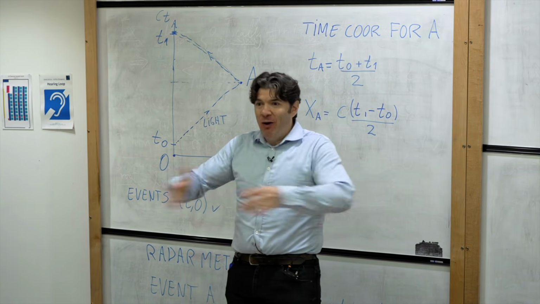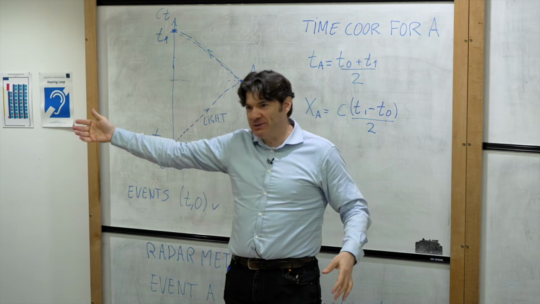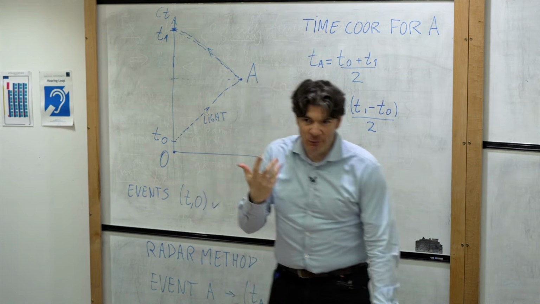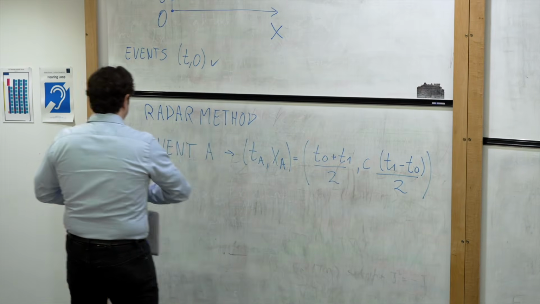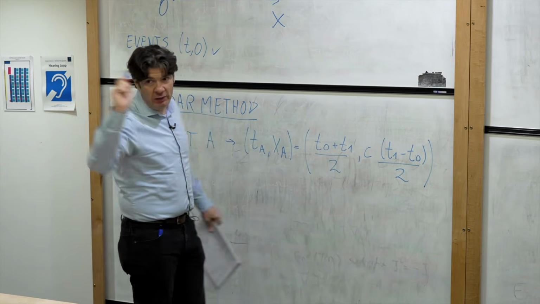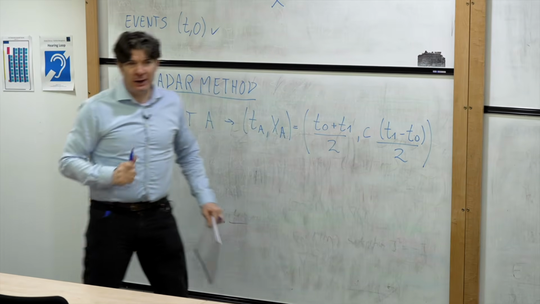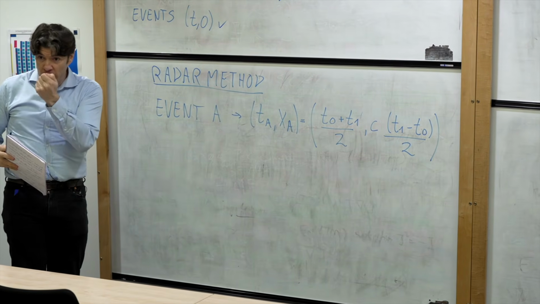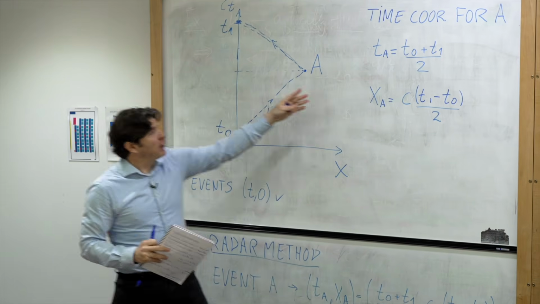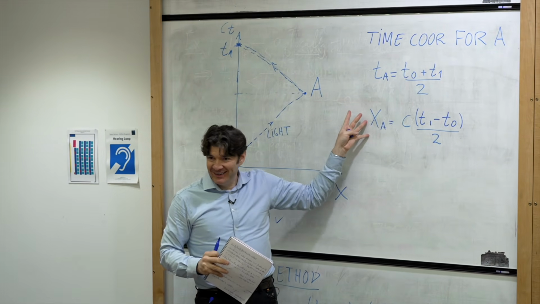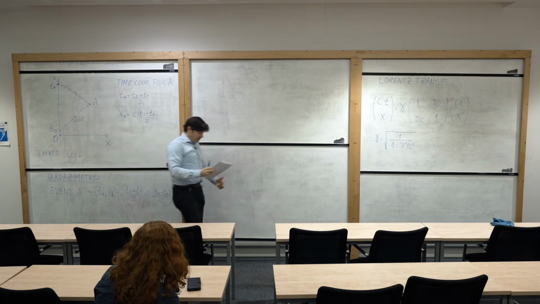You are throwing light all the time, and if there is an object, something will reflect to you. That's the way radars work, and that's why this is called the radar method. So basically, you throw light, the light reflects, comes back at you, and just by measuring with your clock T0 and T1, you can define this. Okay? Beautiful.